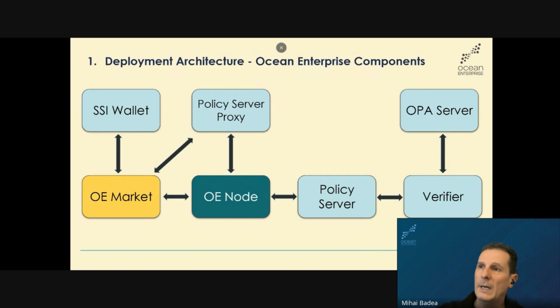The OE market is basically the front end in which all transactions will be performed, publishing assets or consumption of the assets. The OE node is the heart of the system. It enables the encryption of the assets, the retrieval of the assets, as well as the value transfer between asset publishers and asset consumers.